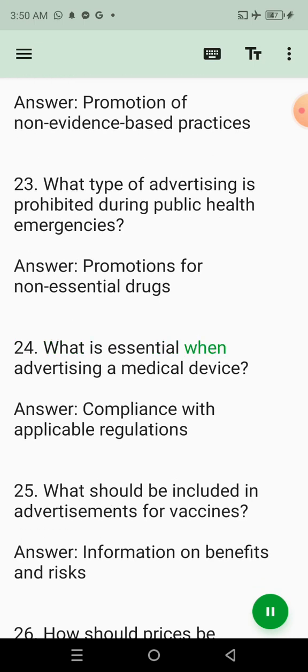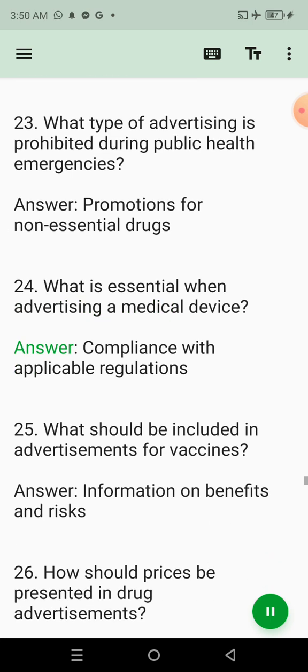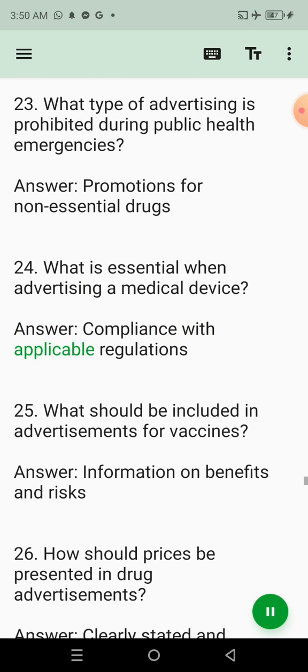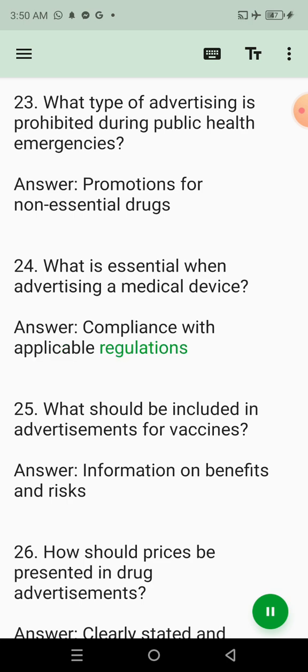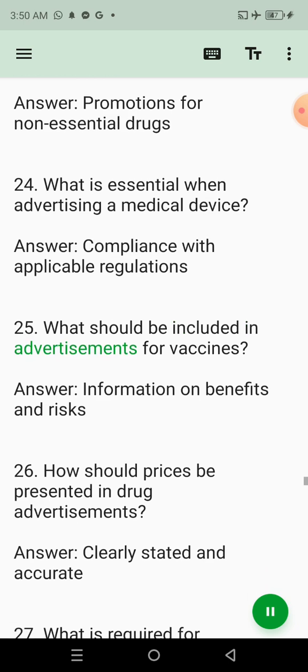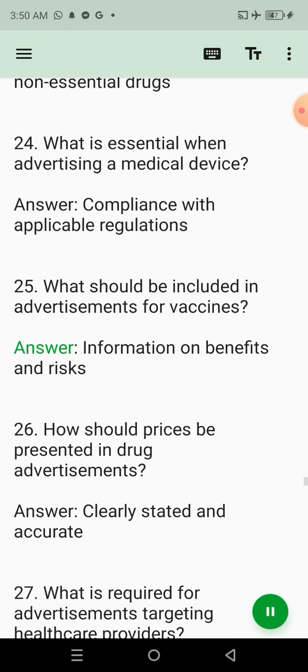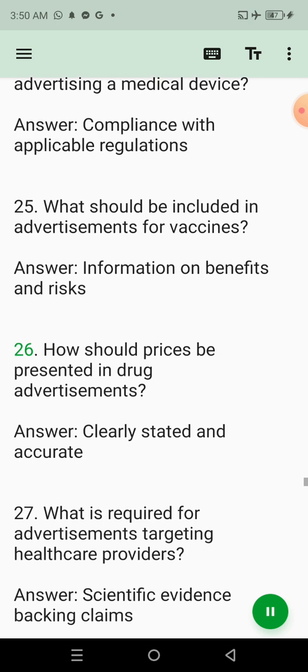What is essential when advertising a medical device? Answer. Compliance with applicable regulations. 25. What should be included in advertisements for vaccines? Answer. Information on benefits and risks.